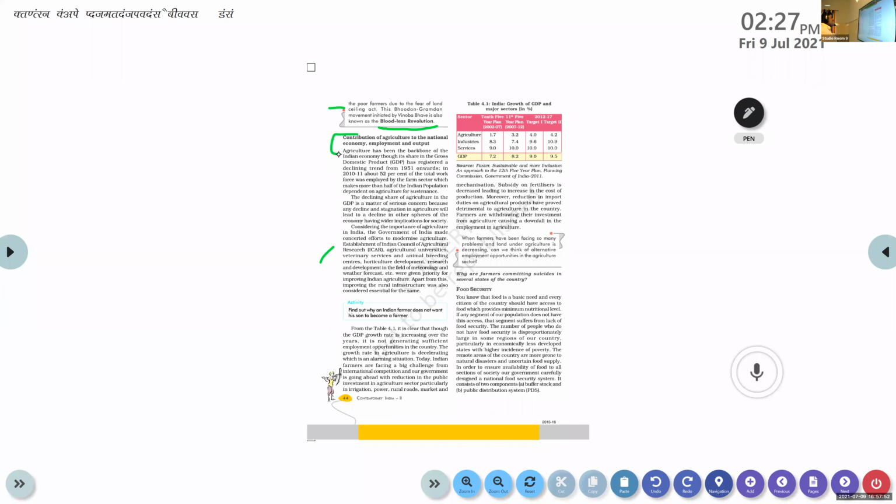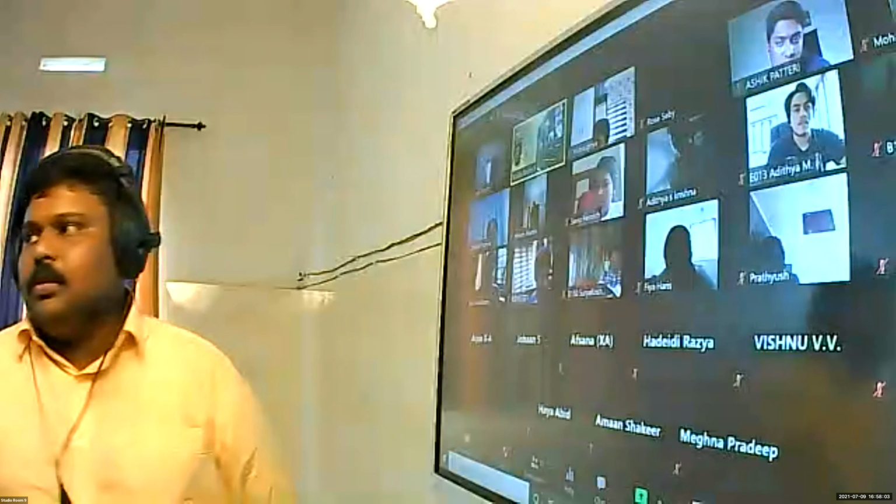Agriculture has been the backbone of the Indian economy, though its share in the gross domestic product, GDP, is small. You already studied that in economics. What is GDP?